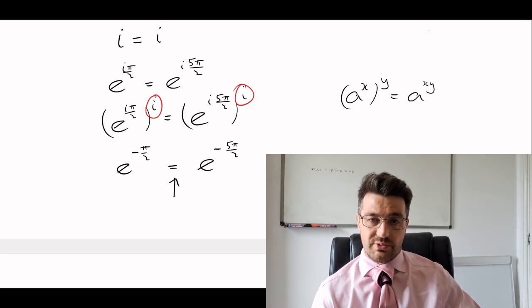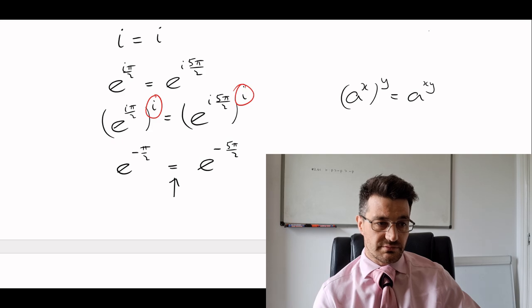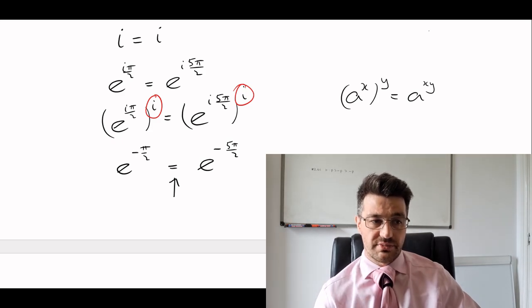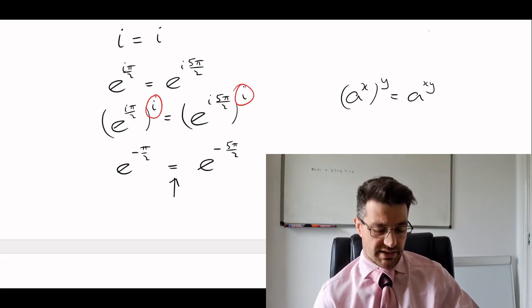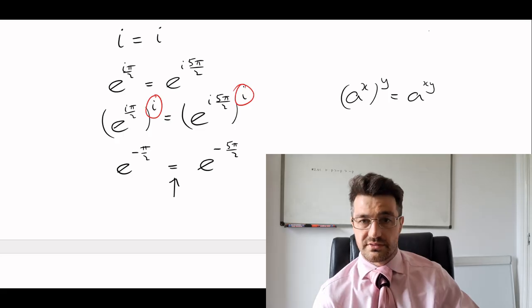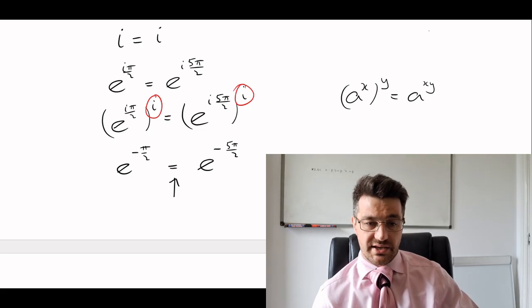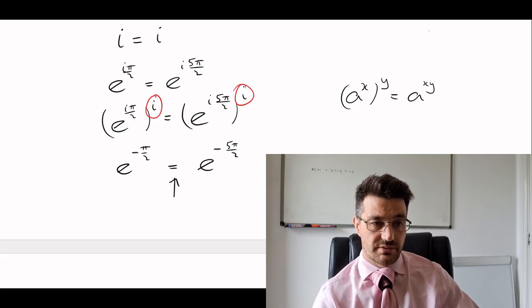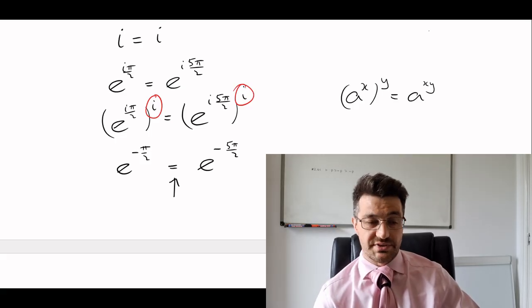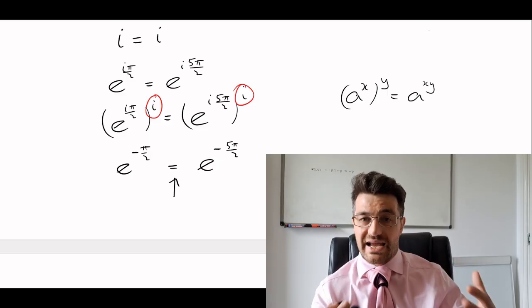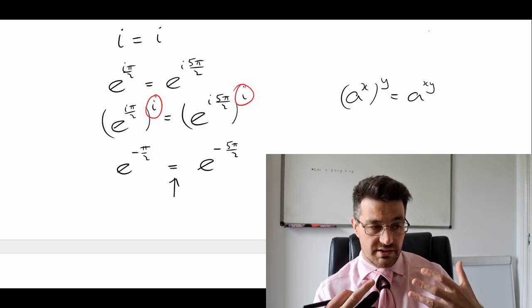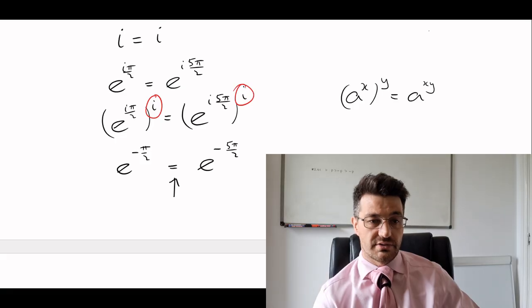It's only when we apply suitable restrictions that we can kind of fix this problem. Okay, so I'm not going to say anything more about that. That's something that you'll do if you go to university and you get into complex analysis and things like that. Then you'll deal with things like this. But it is just highlighting a problem, an issue with complex numbers and dealing with exponents, particularly complex exponents of complex numbers.